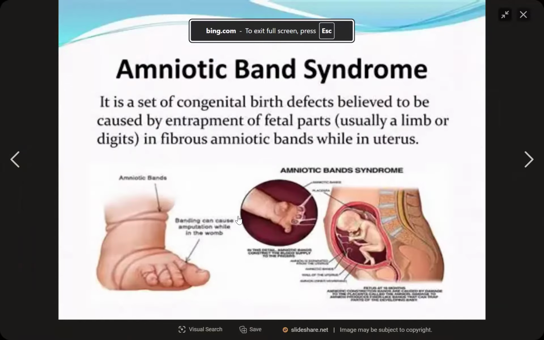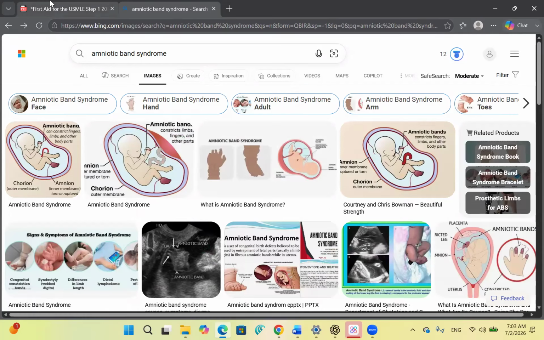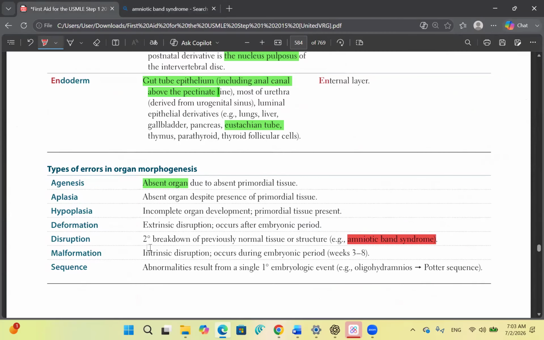Banding can cause amputation while in the womb. They constrict the blood supply of the fingers. Amniotic constriction bands are caused by damage to the amnion. Damage to the amnion produces fiber-like bands that can trap parts of the developing baby. All right, so they basically break down previously normal tissue or structure, like the fingers.